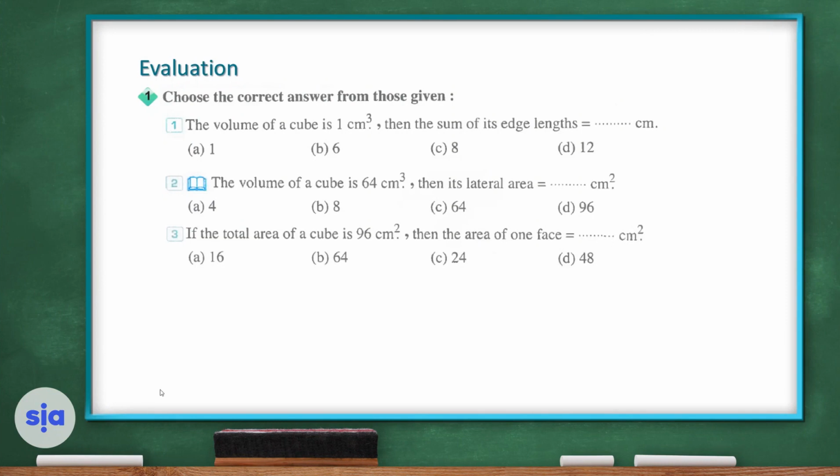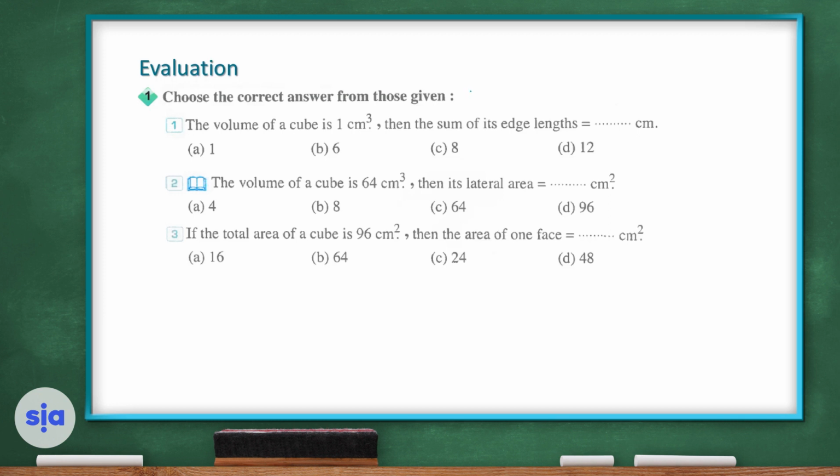The first question is to choose the correct answer from those given. Question 1. The volume of a cube is 1 centimeters cubed. Then, the sum of its edge lengths is equal to what? We know that the cube has 6 edges.